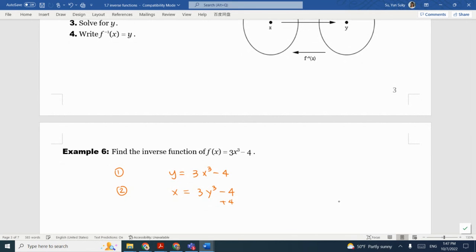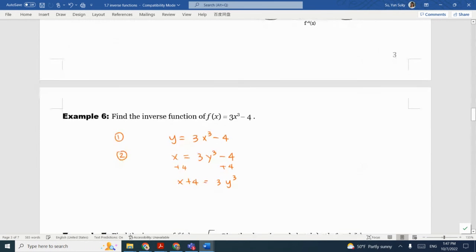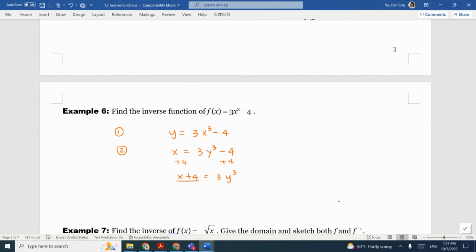Add 4 on both sides. Then we get x plus 4 equals 3y cubed. And then divide by 3. And then we take the cube root on both sides. You get x plus 4 over 3. Cube root is like raising to the 1/3, right?